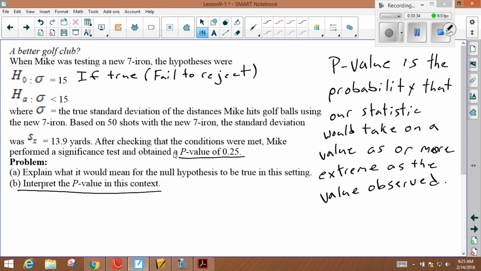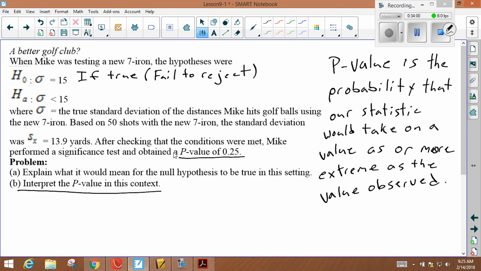Okay? So, if we find convincing evidence that the actual standard deviation after he hits 50 shots is 15, then what we're saying is that the null hypothesis is true. And we fail to reject the null hypothesis.